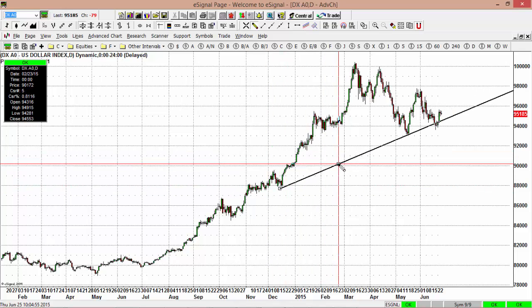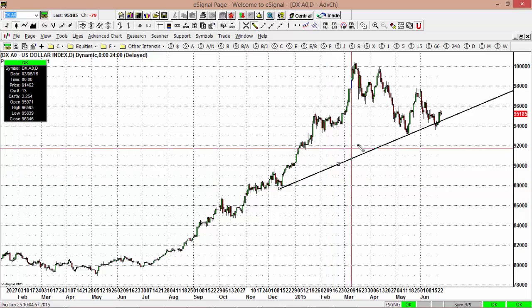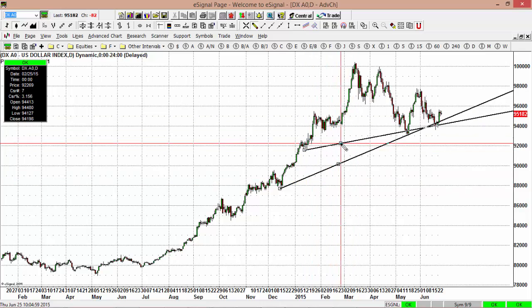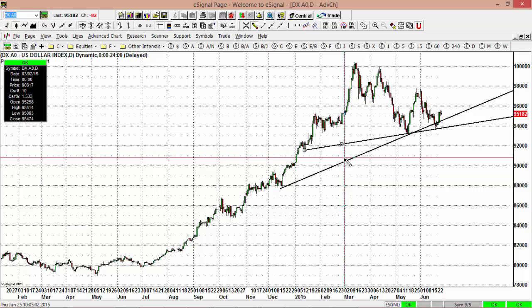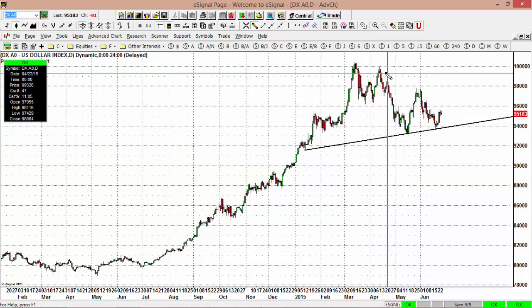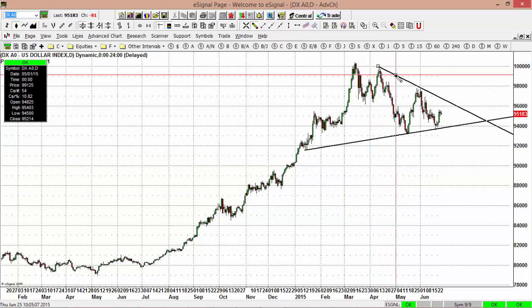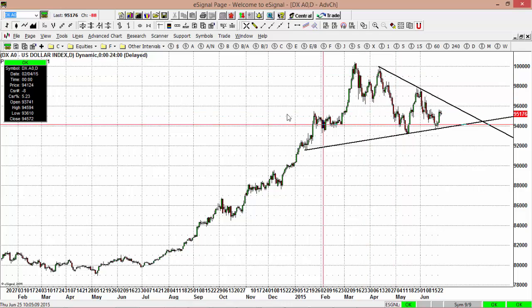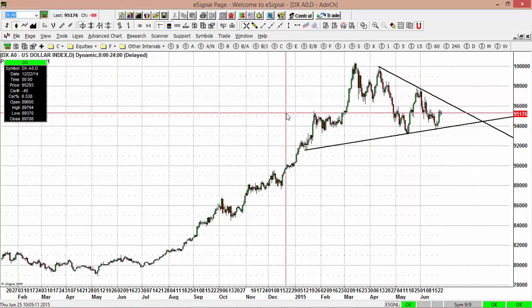If we take this trend line, here we see that the market went up, was rallying, retraced slightly, attempted to take out this high, and failed, and broke down below this area of support. So that was fairly bearish for the US dollar.